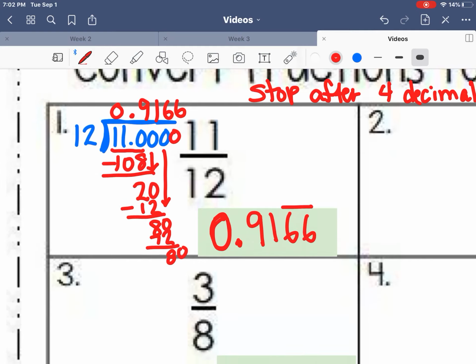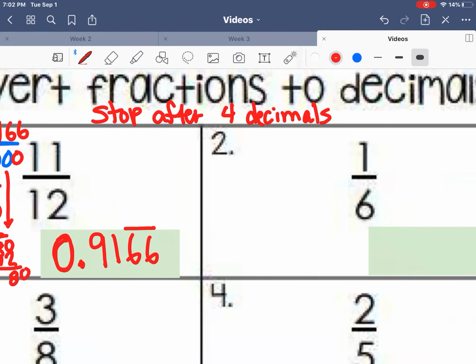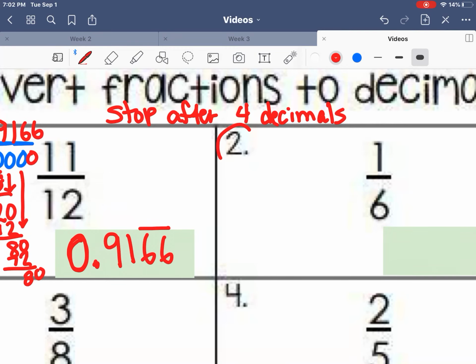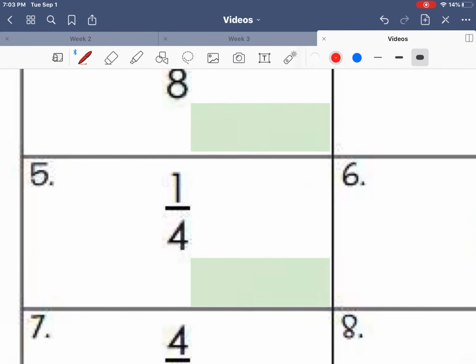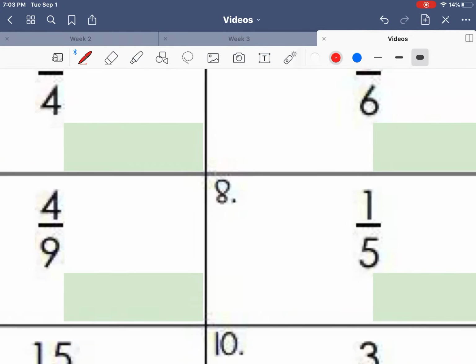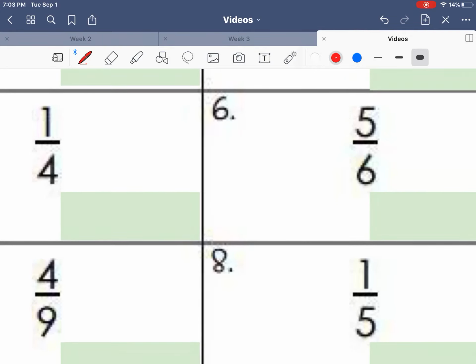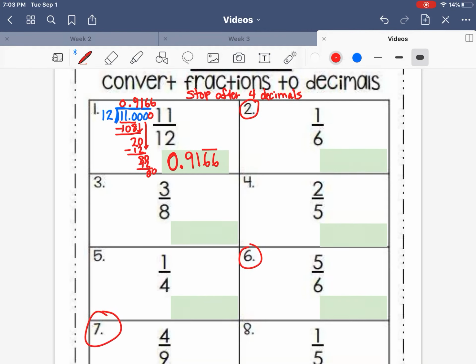I will tell you that number 1 will repeat. Number 2 will repeat. It's a little easier than number 1, but it will repeat. Number 7 will repeat, although it's not as complicated as number 1. Number 6 will repeat. So these numbers will give you a repeating decimal.